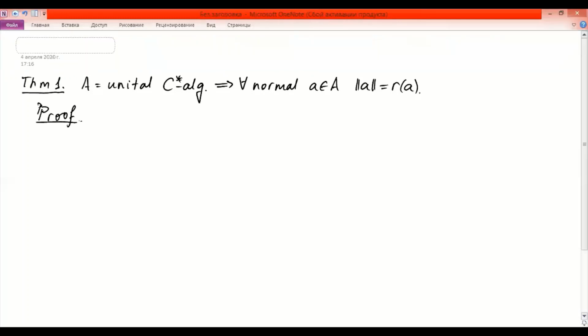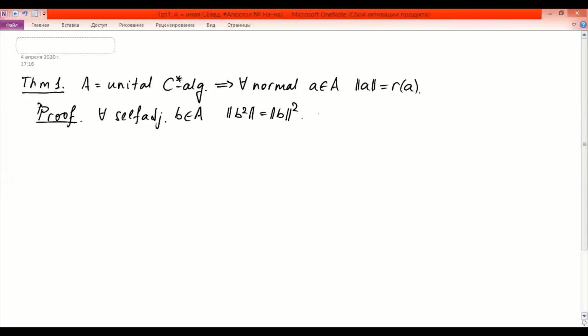To prove this result, let's first observe that for each self-adjoint element B in A, the norm of B squared equals the square of the norm of B. This is a special case of the C-star axiom.